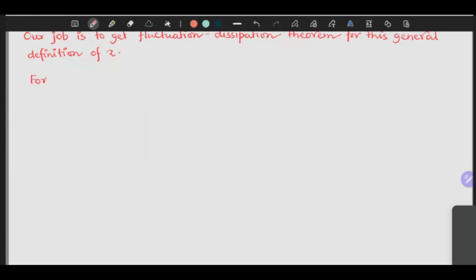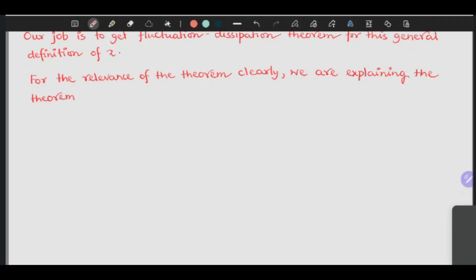Now, for the relevance of the theorem, because we are studying the Brownian particle systems, clearly we are explaining the theorem for the system of Brownian particles. Okay.